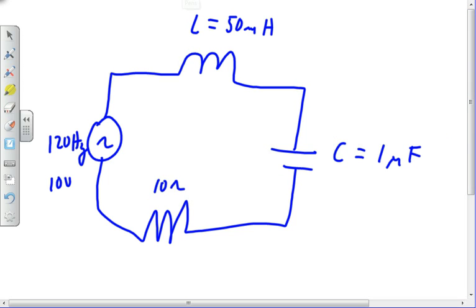All right, so the first thing we're going to want to do is know what the inductive reactance is. X of L, 2 pi F L, 2 pi 120 times 0.05.